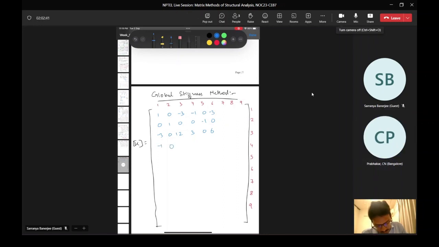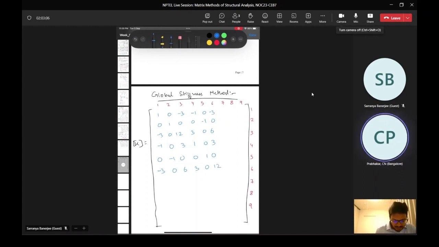Minus 1 0 3. Did I write the stiffness matrix of element 1 correctly? Okay, this is correct, right?